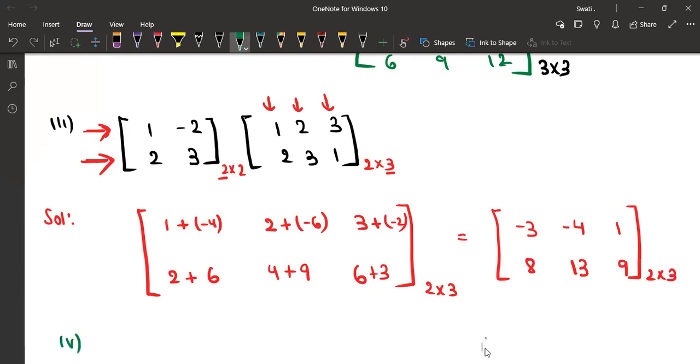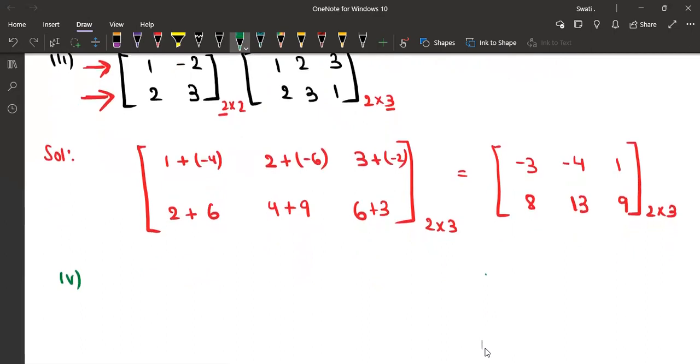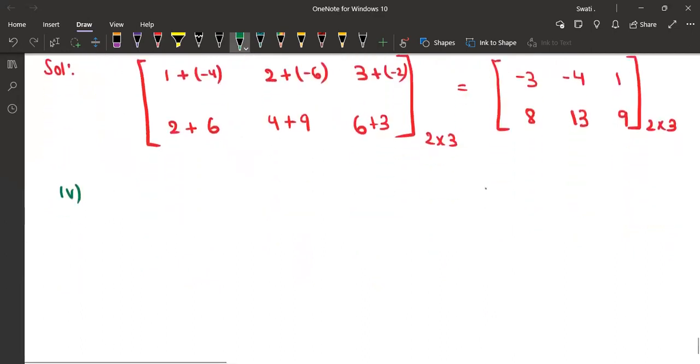Now let's go to the fourth one. Okay, so in the fourth one also we need to multiply only. So let me write down the question so that you can understand. So the first entry is 2, 3, 4. Next entry is 3, 4, 5. And then it's obvious: 4, 5, 6.